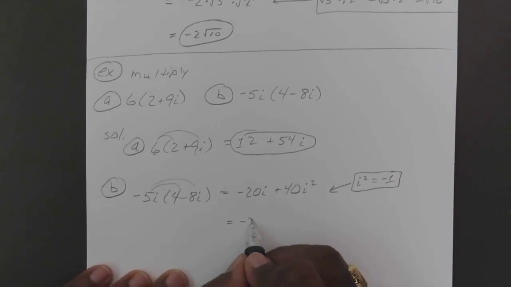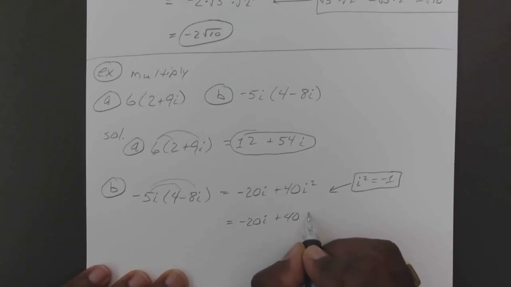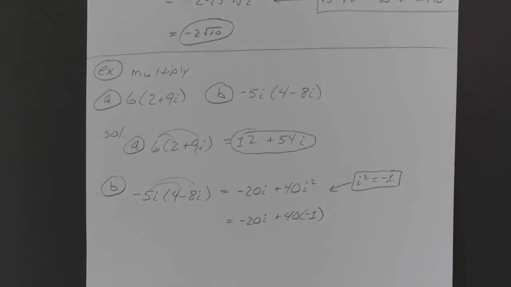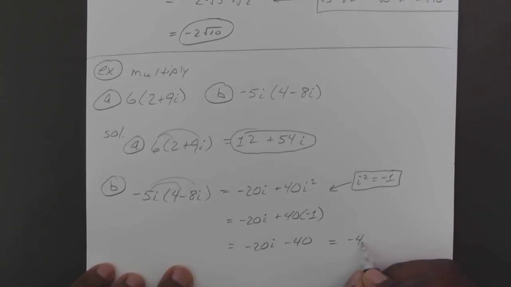So that equals -20i plus 40 times -1. So that gives us -40. So -20i minus 40. But if you want it in complex form, just switch them around and make it -40 minus 20i.